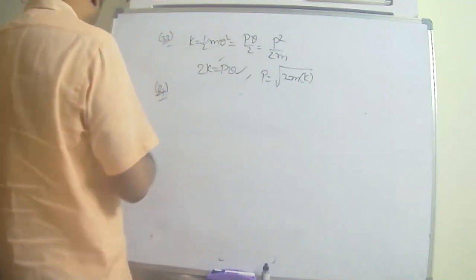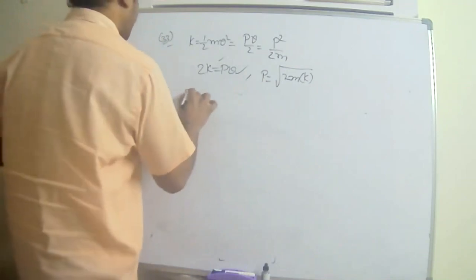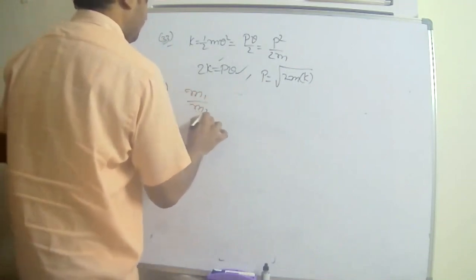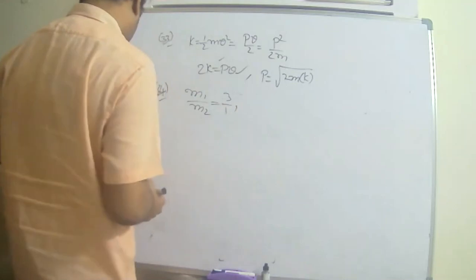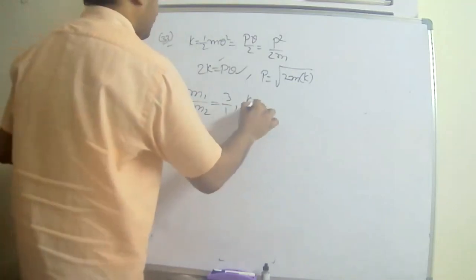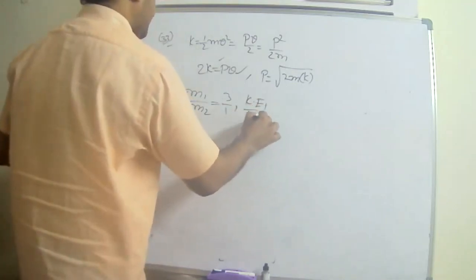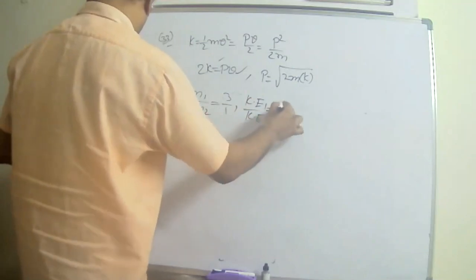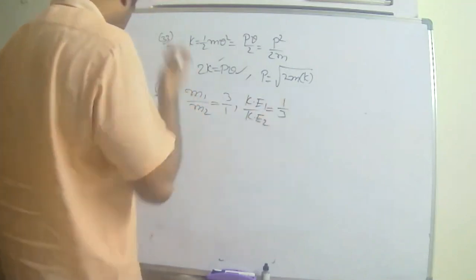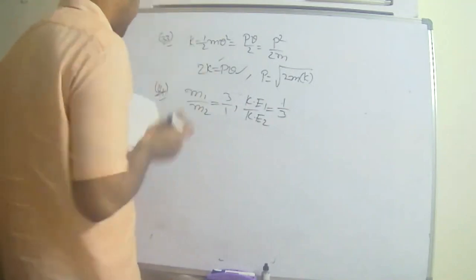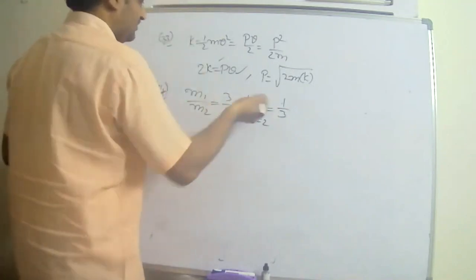Two bodies A and B have their masses in the ratio m1 is to m2 is equal to 3:1. Kinetic energies in the ratio KE1 by KE2 is equal to 1:3. The ratio of their velocities is? ఏమొస్తుంది తీసుకొచ్చి రాసేయండి.